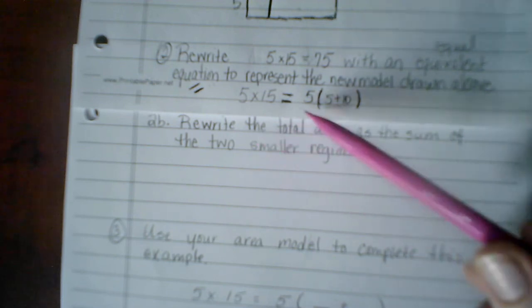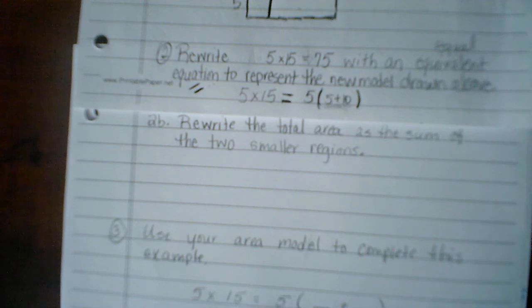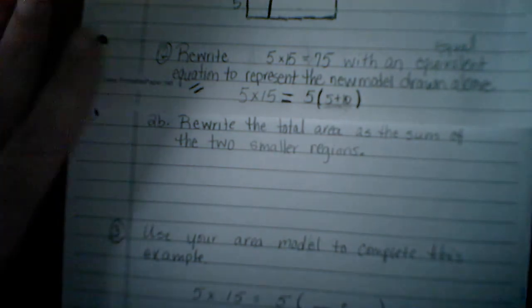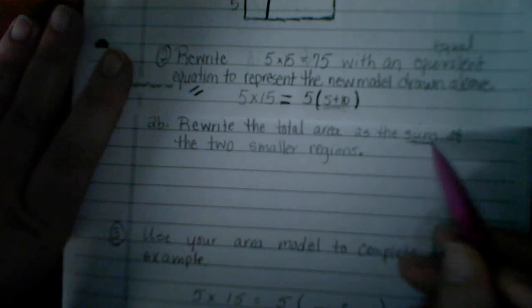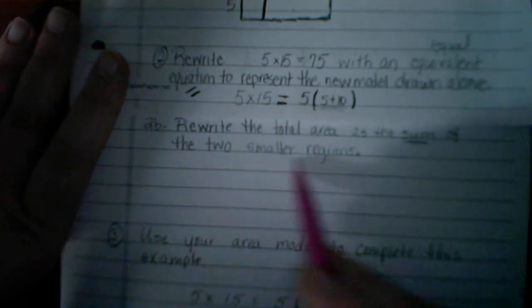Rewrite the total area as the sum of the two smaller regions. All that is asking us to do is sum the two smaller regions.